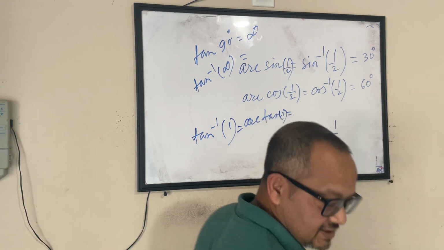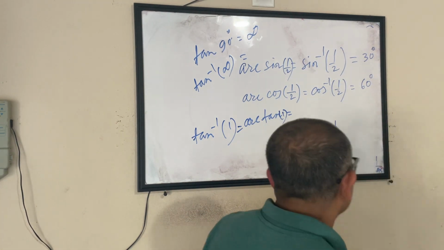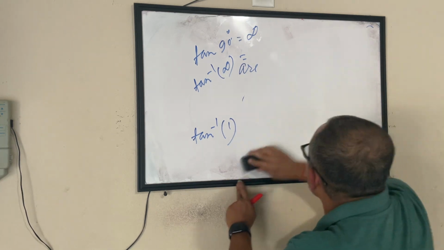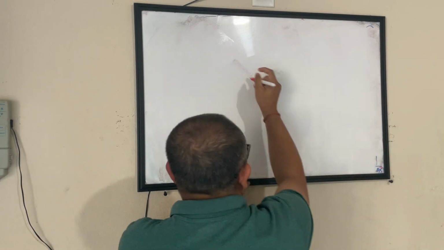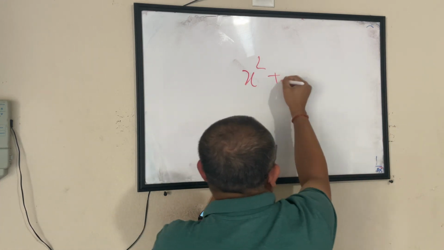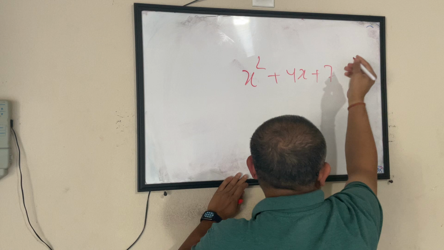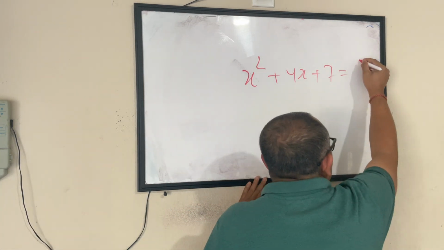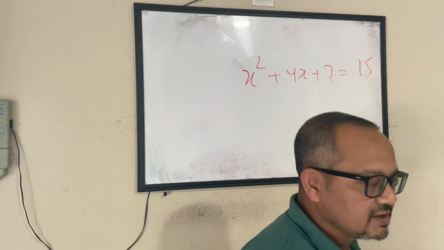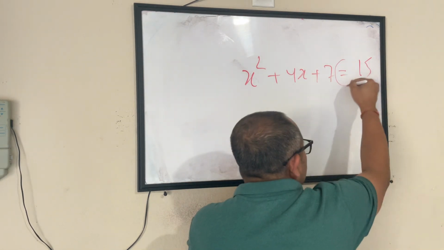Something that has an equal to sign in it. If I write an equation, I would write something like x squared plus 4x plus 7 equals something. This is an equation because it has an equal to sign.